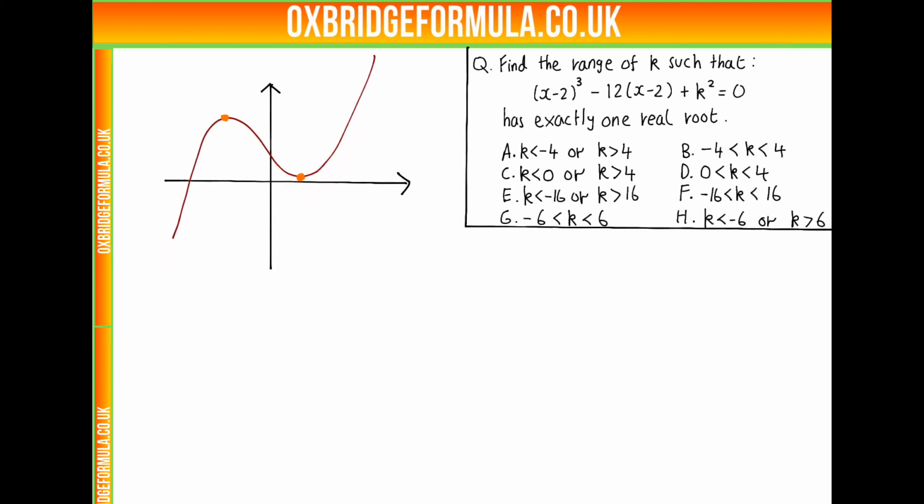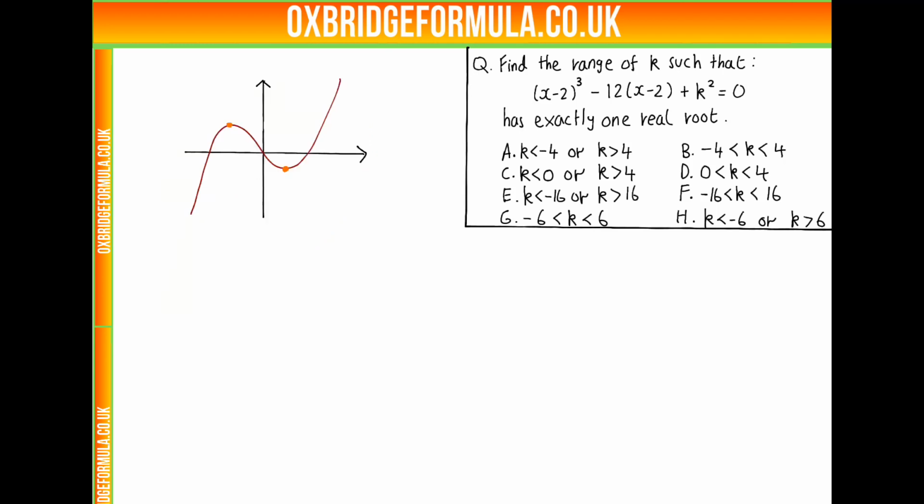We either need the 2 turning points to have positive y coordinates, and then we hit the x-axis only once here, or conversely, we need both turning points to be less than 0, because then we have only one root here. So in either case, the key to this question is to work out the coordinates of the turning points. And given we've got a cubic here, that probably should be doable.